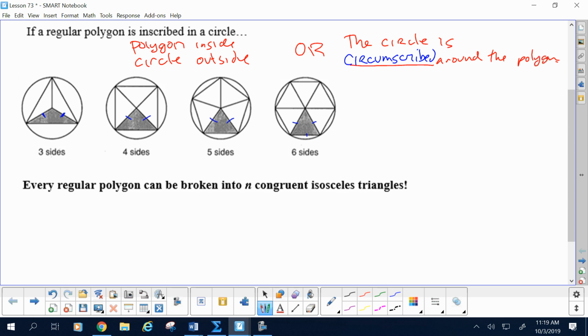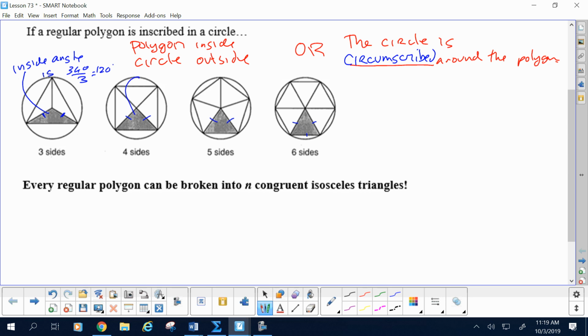What about the angle? How would you find that inside angle? 360 divided by 3, yeah? So that inside angle is 120 degrees. So what about in a square?